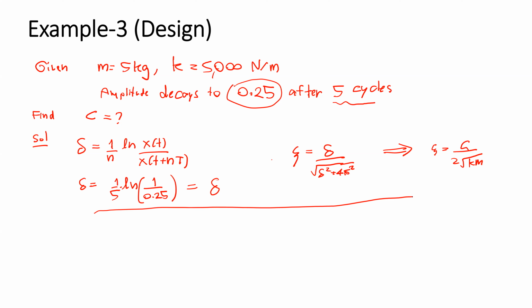The second part is not related to the logarithmic decrement, but what if we need to find C so that the damped natural frequency is equal to 9 radian per second?